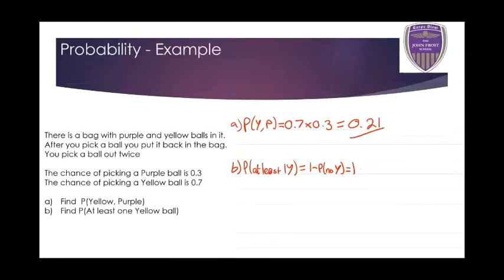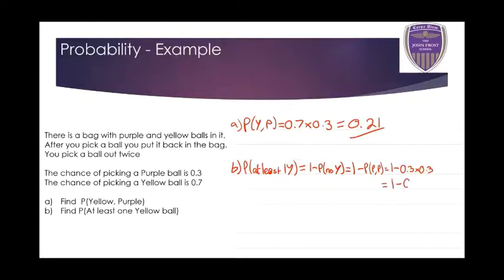That's going to be equal to 1 take away, and the probability of no yellow has to be purple purple.